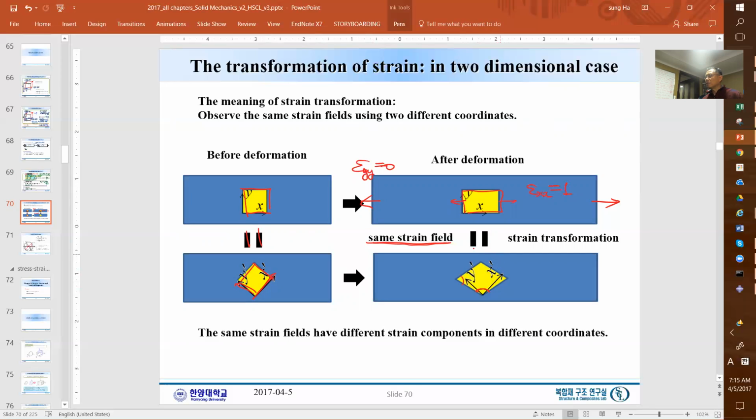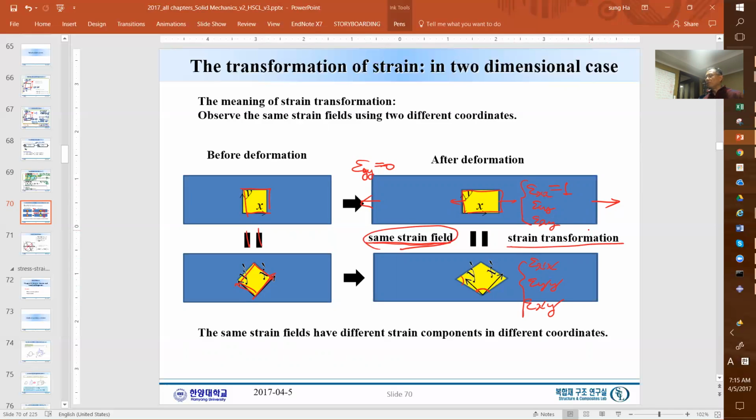So certainly it is the same strain field, but now in x prime, y prime, epsilon x prime, epsilon y prime, and epsilon x prime y prime are simply different. How do we obtain from here to there? That is the definition of a strain transformation.